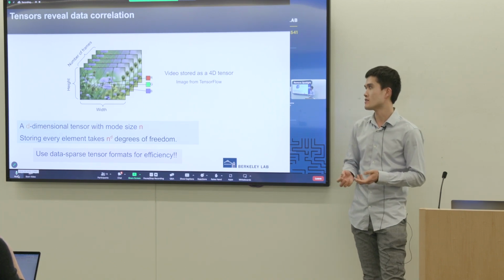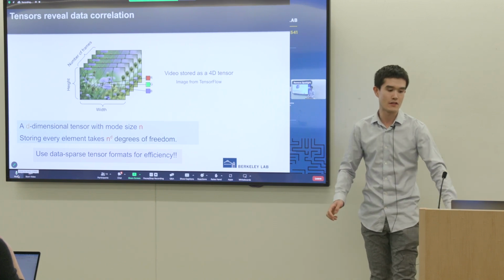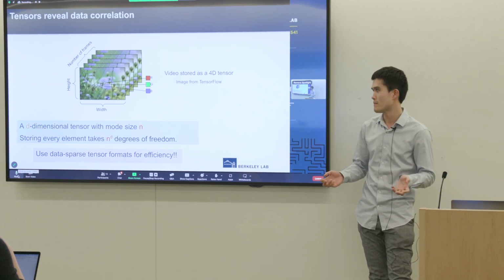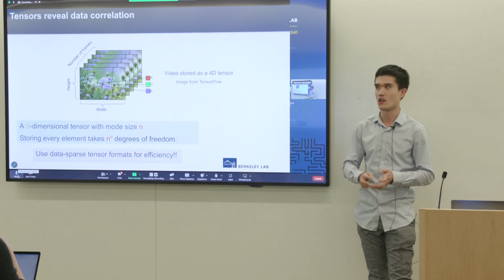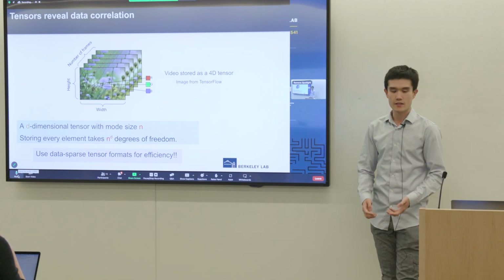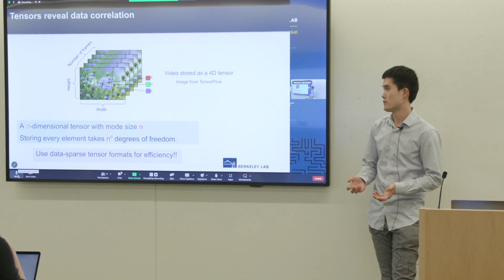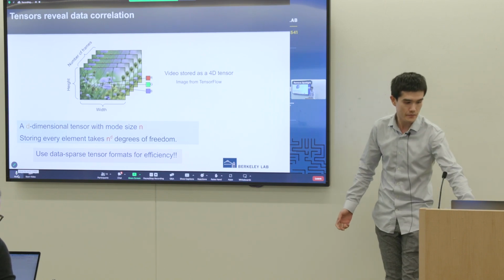This will easily break the memory on your local machine, because when d gets large, maybe 10, and n is 10, it takes a lot of space on the computer to store that. So instead, we want to use some type of data-sparse tensor format for efficiency in terms of storage.